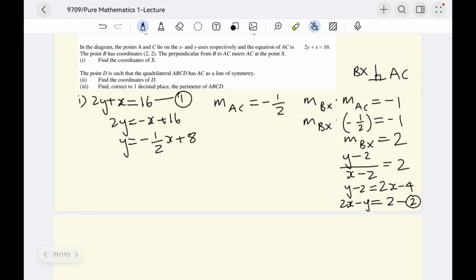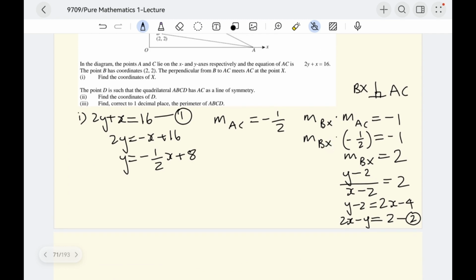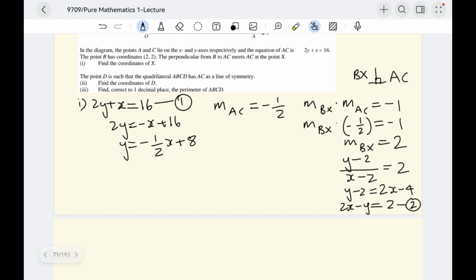So now it's time for us to solve the simultaneous equations. Okay, so I can say from 2, y equals 2x minus 2. Here is your equation 3.